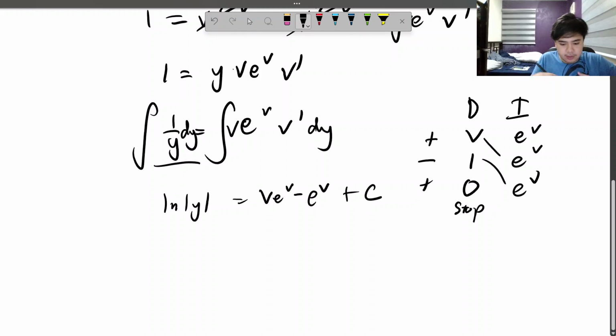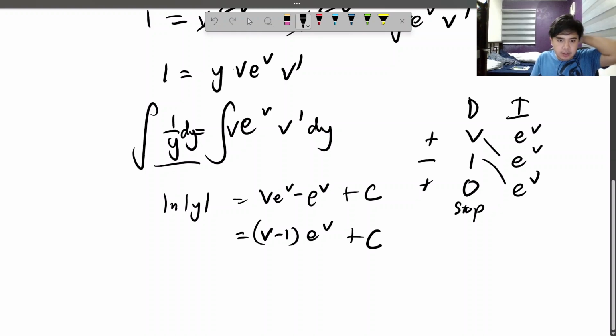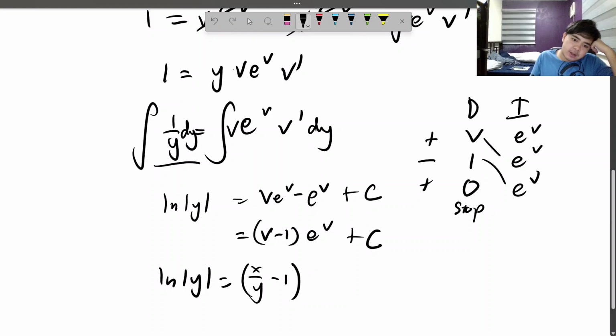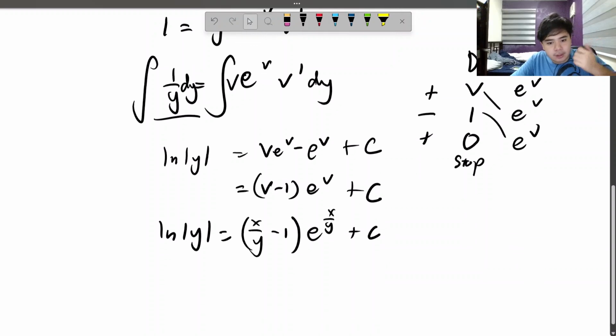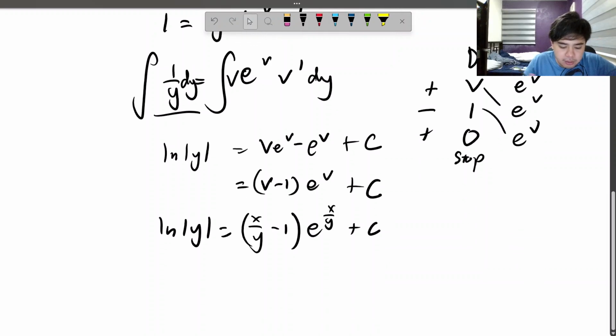So now let's rearrange a little bit. For example, this can be v minus 1 quantity e to the v. So ln y remains ln y. v goes to x over y minus 1, then e to the x over y plus c. Now, to make this look cleaner, we can multiply both sides by y.